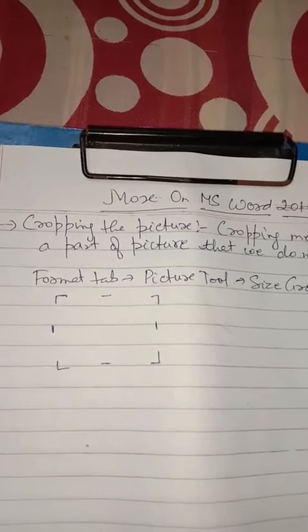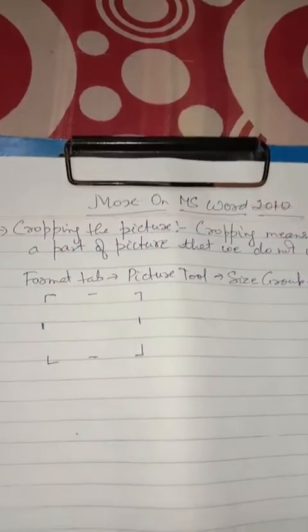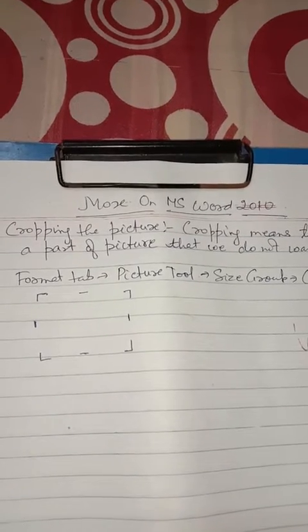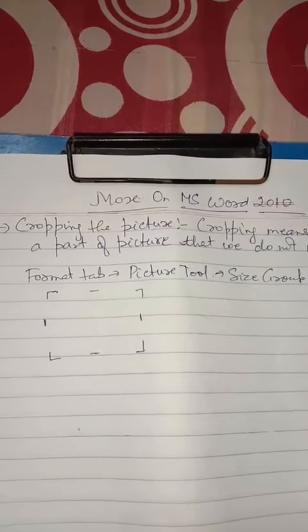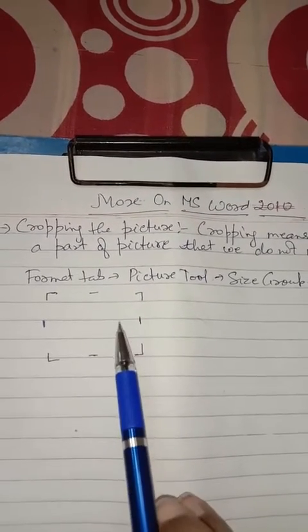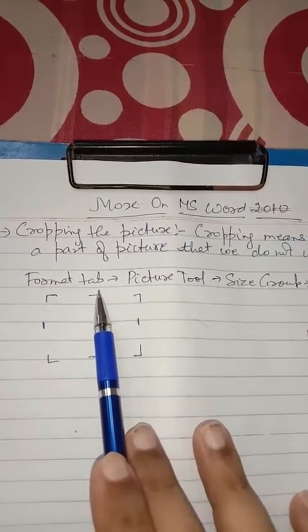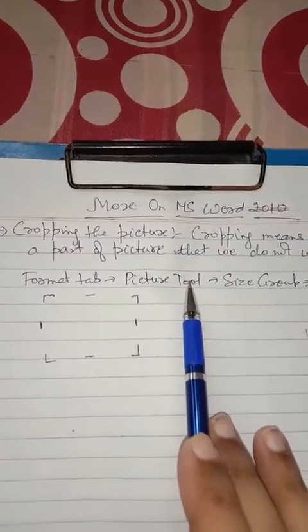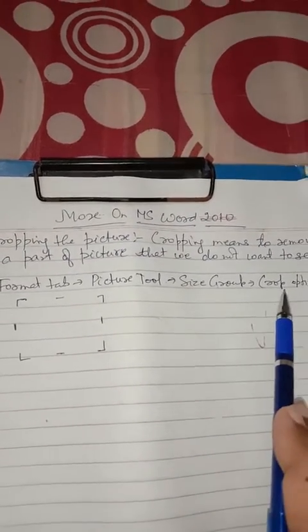So cropping, let me once again make a quick revision. What is cropping? Cropping means removing the unnecessary part of a picture that we do not want to see. Now how will we perform cropping? First of all, select the picture that you want to crop, move to the format tab. From the format tab move to the picture tool, to the size group, and in the size group click on the crop option.